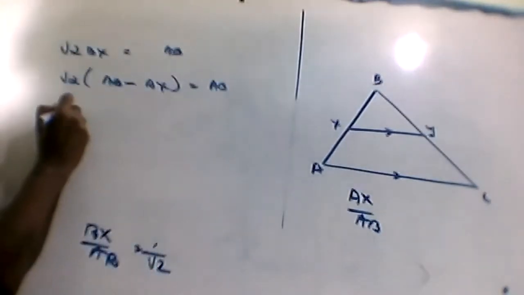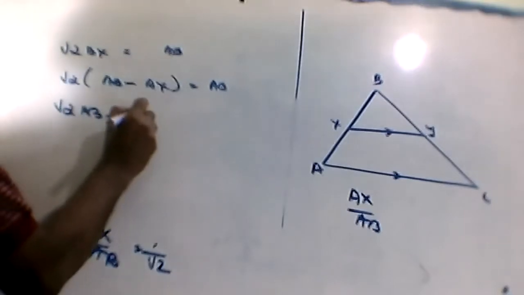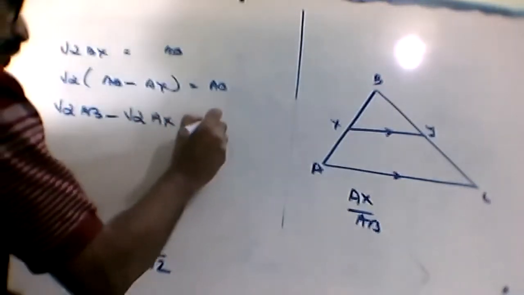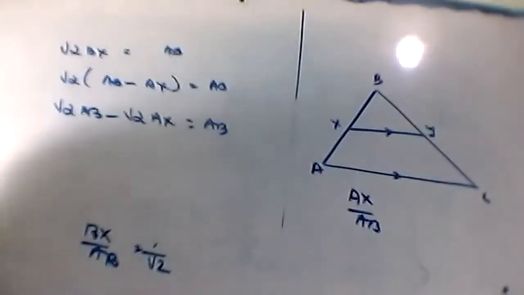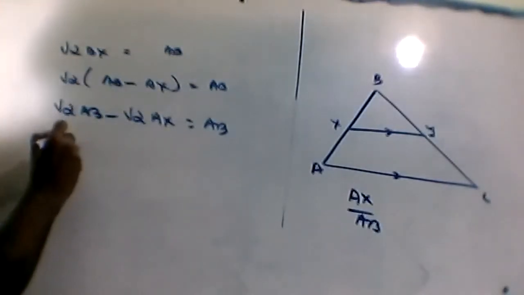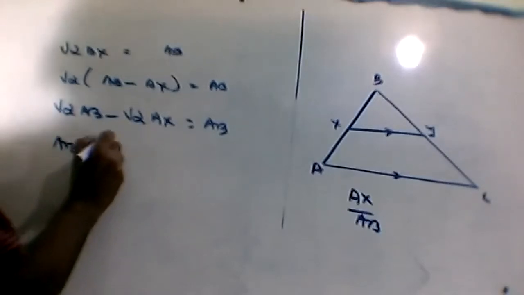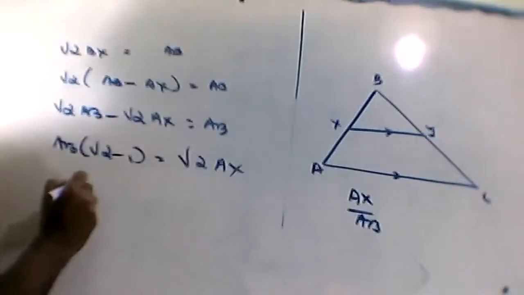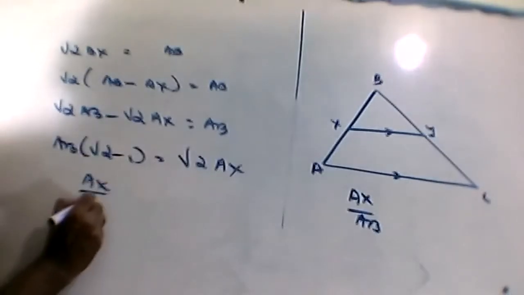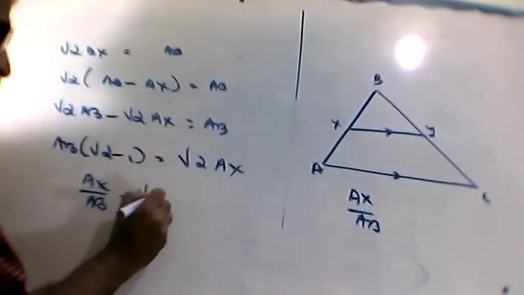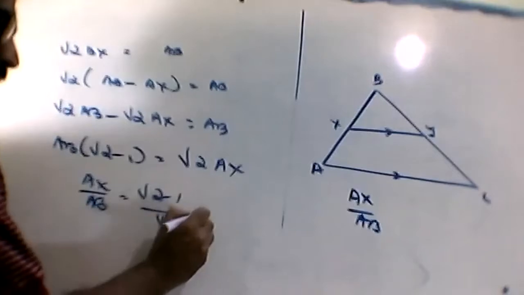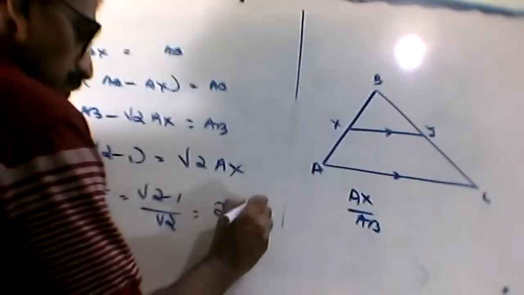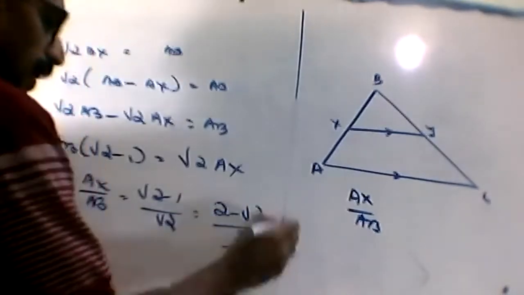So root 2 AB minus root 2 AX equals AB. Then AB going that side, AB outside, root 2 minus 1 equals root 2 AX. So AX by AB equals root 2 minus 1 by root 2. Rationalize it: 2 minus root 2 by 2. This is the final answer.